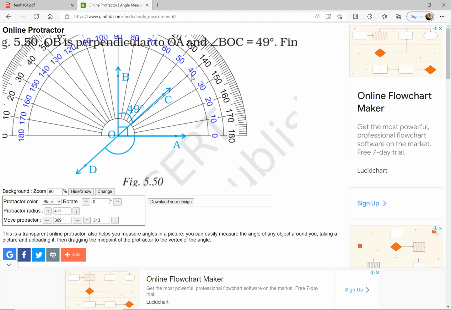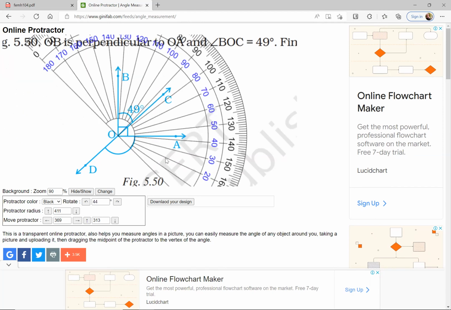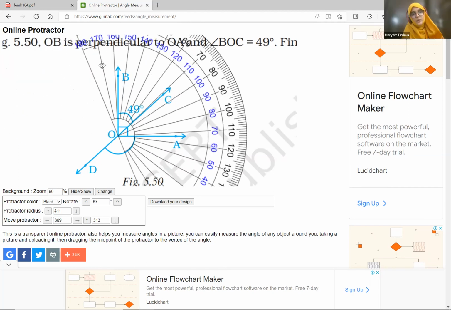So if the vertex was on the right, we would use the black readings on top. Can you show an example? Okay. Take a look at angle BOC. Are you seeing angle BOC?